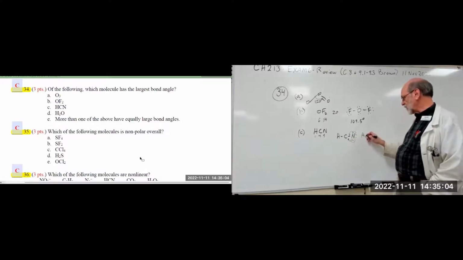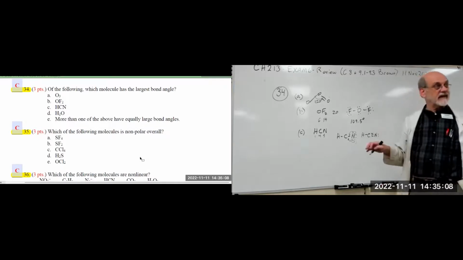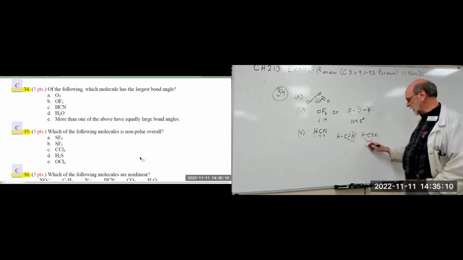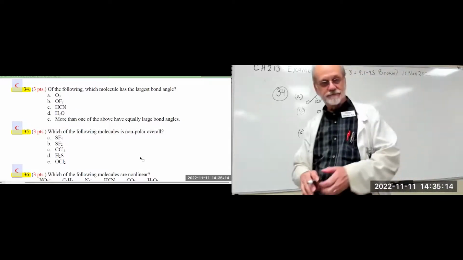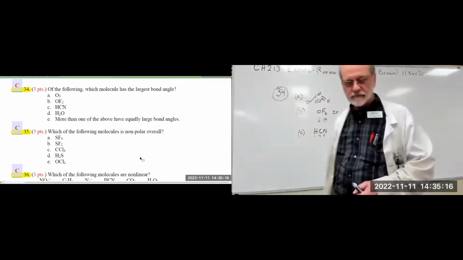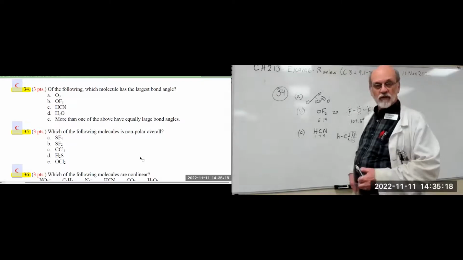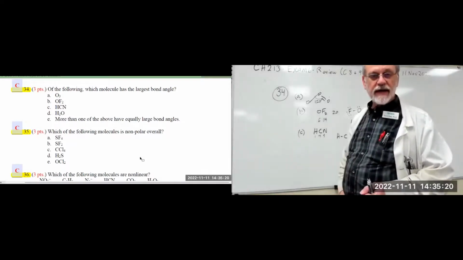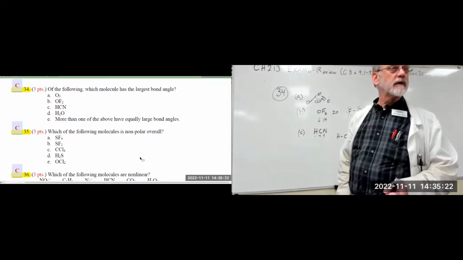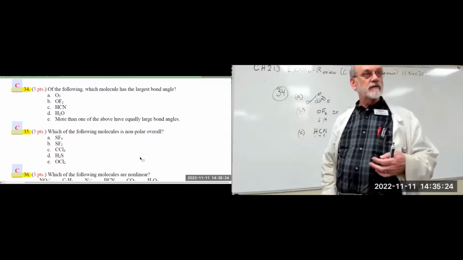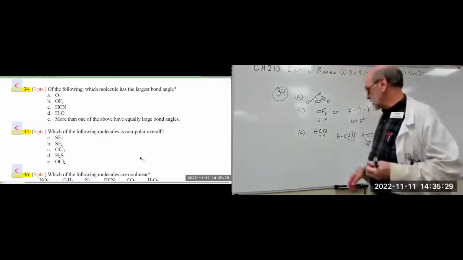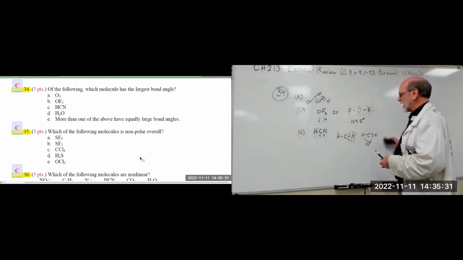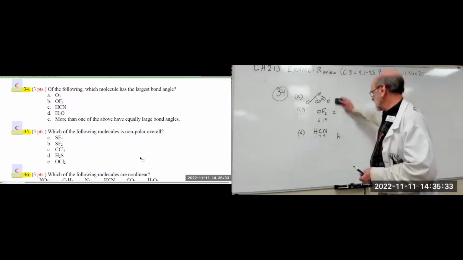And that makes a triple bond. That's linear, 180 degrees. So C is our answer. Do more than one have equally larger bond angles? No, because water is derived from tetrahedral, 109.5. So the 180 degrees for hydrogen cyanide is the answer.